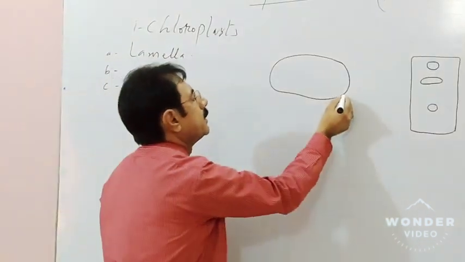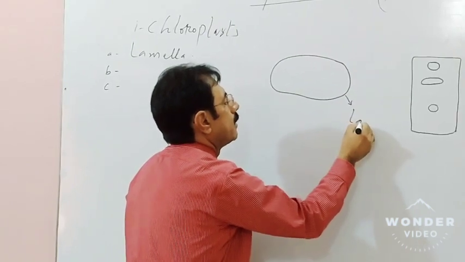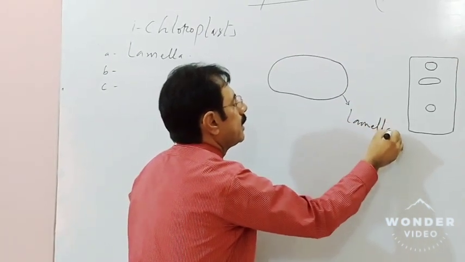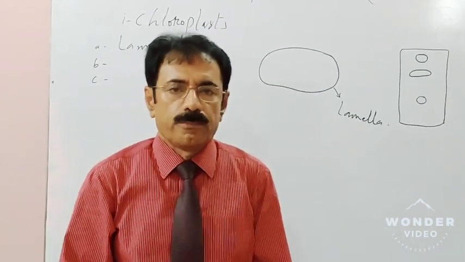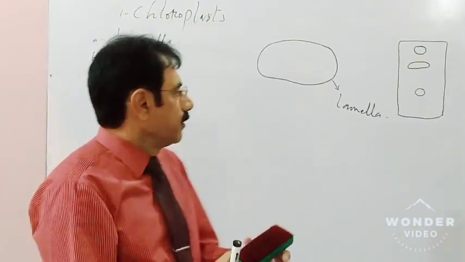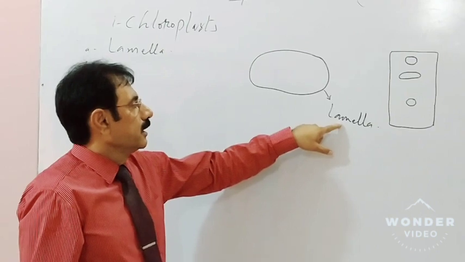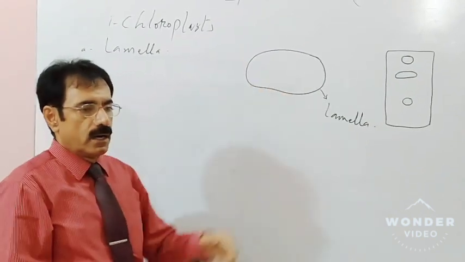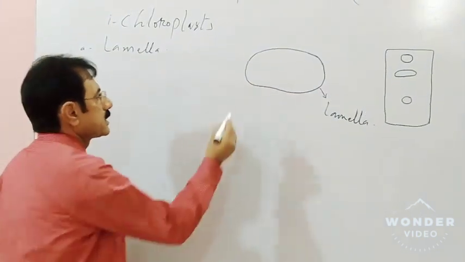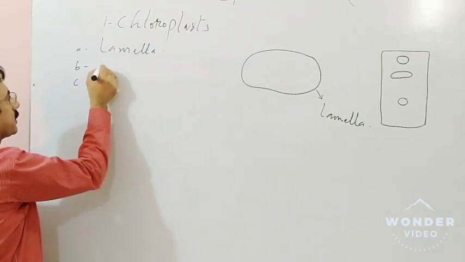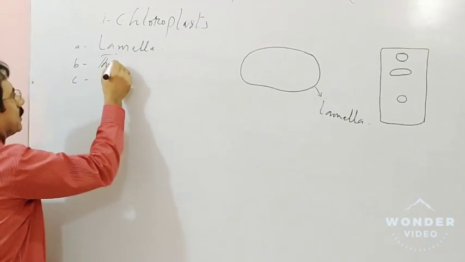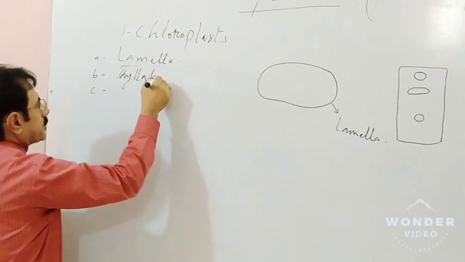Lamella is the outer thin lipoprotein membrane, and inside the lamella there are flattened sac-like structures. These flattened sac-like structures are called thylakoids.